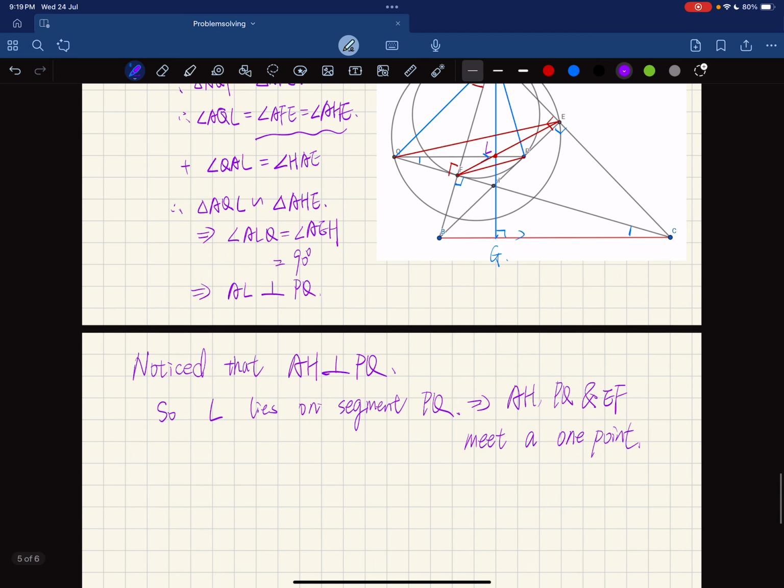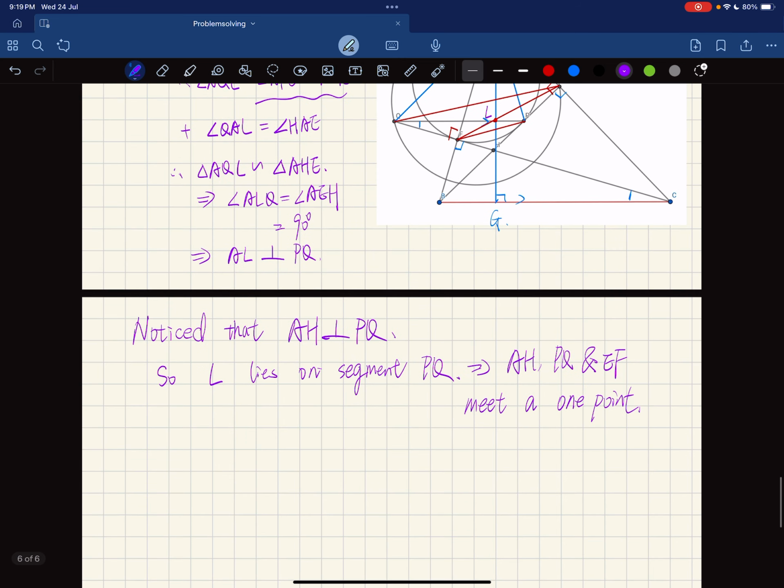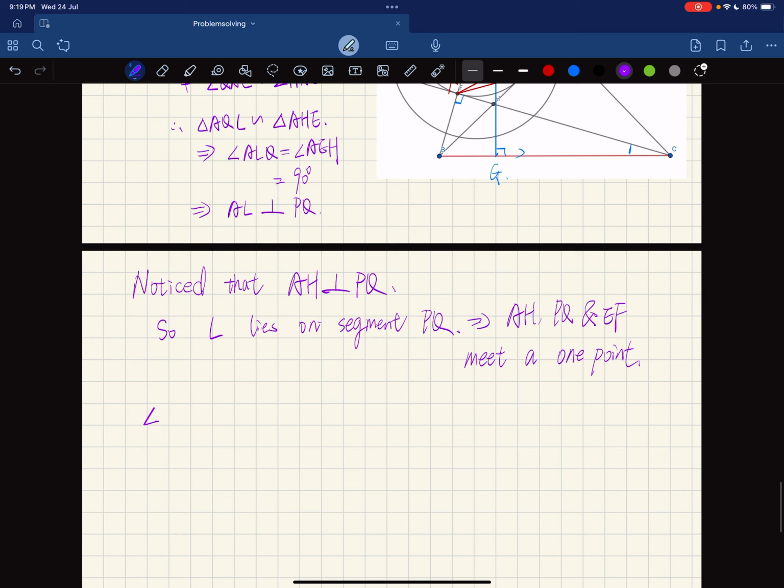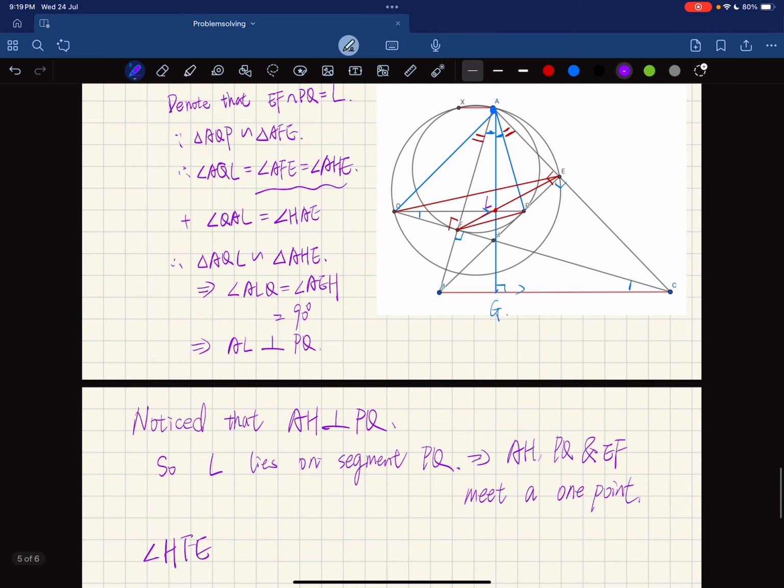And after having these, we can know that the angles HFE, where is it? It's here. HFE equals HAE, equals HAQ.